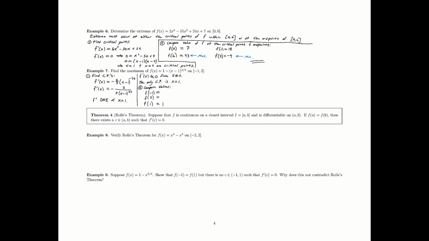F of -1 is 1 minus the cube root of 4. And f of 2 is 0. So clearly, this right here is going to be the minimum. And this right here is going to be the maximum.